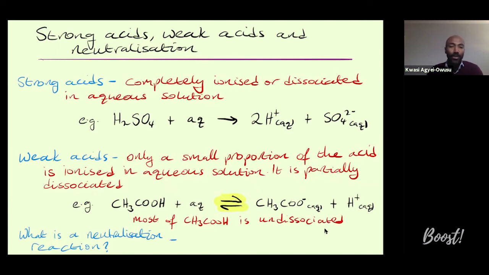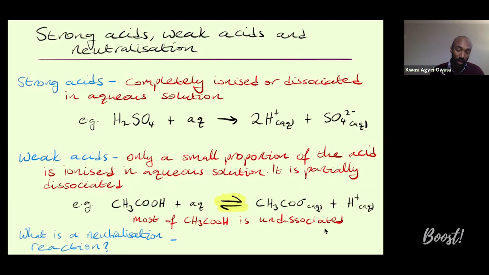The final bit of theory that we want to discuss at this stage is what a neutralisation reaction is. And simply put, it's the coming together of an H plus ion and an OH minus ion in equal amounts so that we form water, and there are no H plus or OH minus ions left in solution. Okay, so we can write this as an ionic equation.